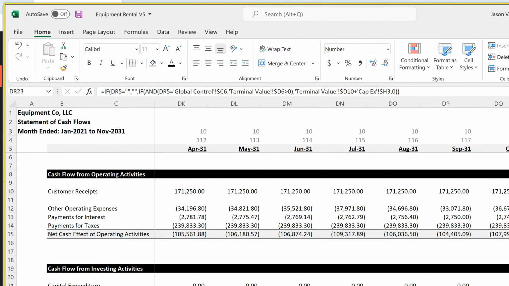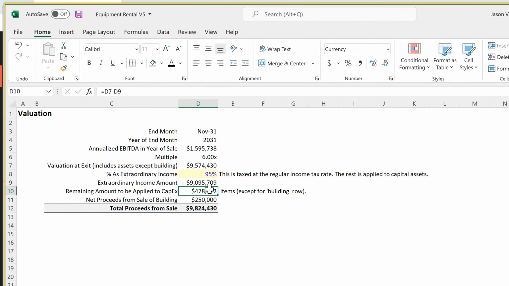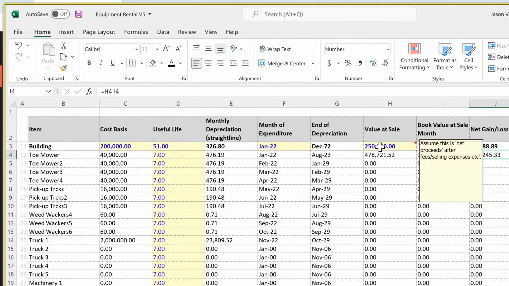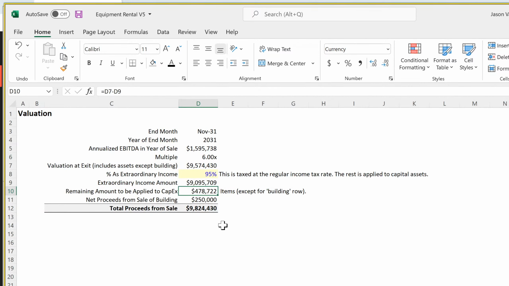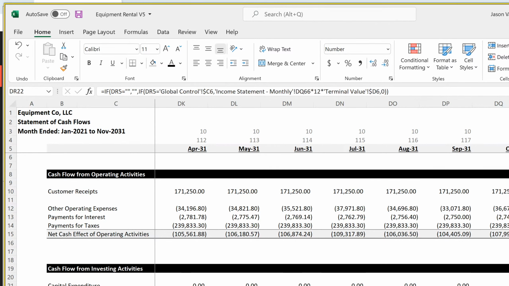Terminal value D10 plus H3. Where's H? It's just adding these two. Which is set. Oh, hold on. Is our error in here? This could be our error. Oh man.